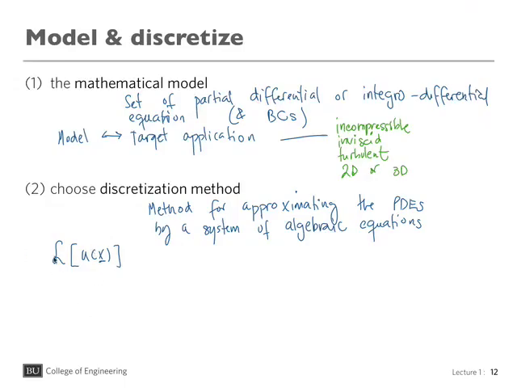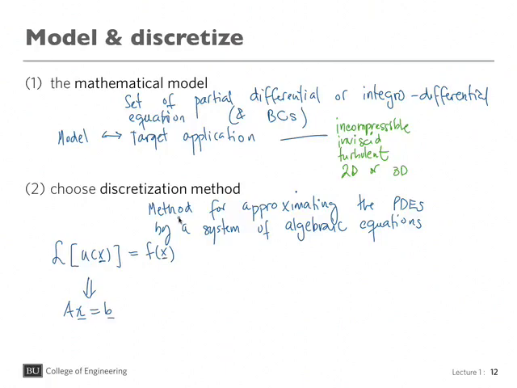So we have L of u of x is equal to f, a function of x again. So this, suppose, represents a partial differential equation. And we want to convert this to Ax equals b, which we can solve. That's the discretization means, a means of being able to go from one to the other.